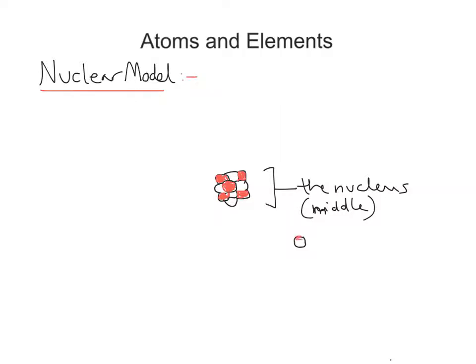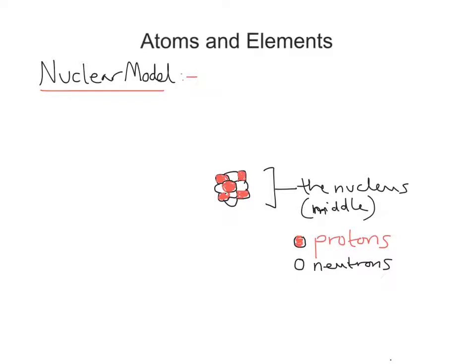I'll just label them down here. So these red ones are known as protons. So the nucleus comprises of protons, and the ones that I've left white are known as neutrons.